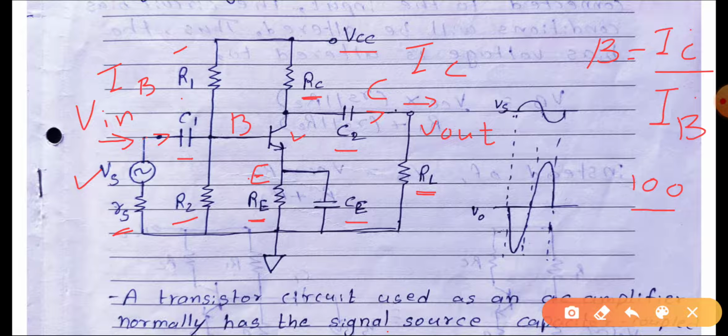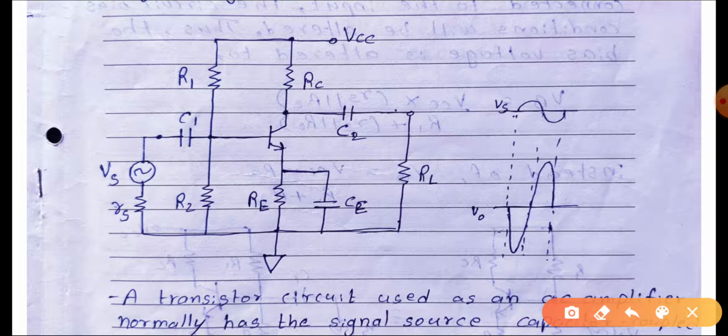How this performs we'll see in the subsequent lectures, but now first we will consider the use of these capacitors C1, C2 and CE. C1 and C2 are called coupling capacitors, and this CE is called the emitter bypass capacitor.